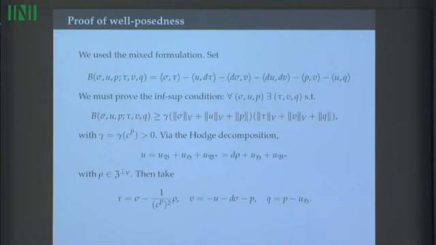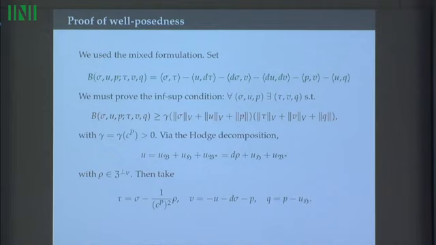So we look up here and say, okay, how can I pick tau so I can get some control over sigma in W? Well, that's pretty obvious. I'll choose tau equal to sigma, and I'll get sigma in W squared here. So I can control sigma in W. How can I control d sigma? Well, I look here. It's sitting over here. I just choose the test function v to be d sigma, or minus d sigma, and I get the norm of d sigma squared.